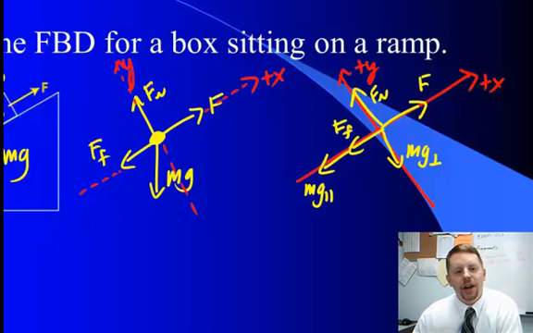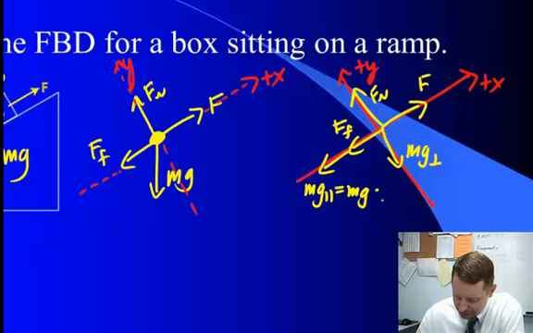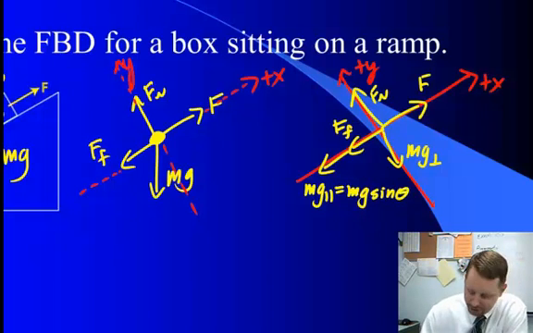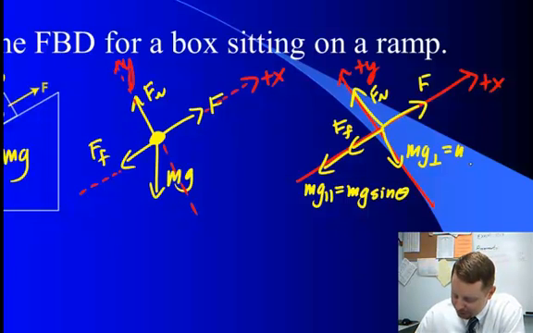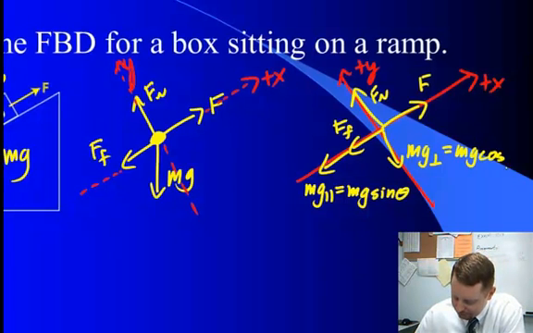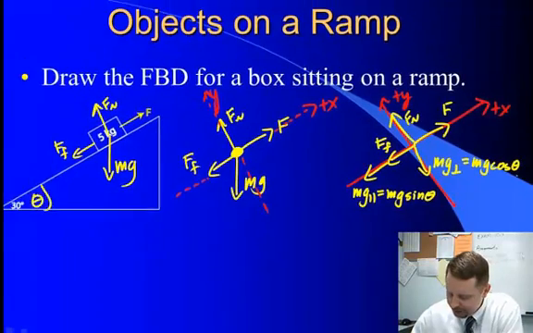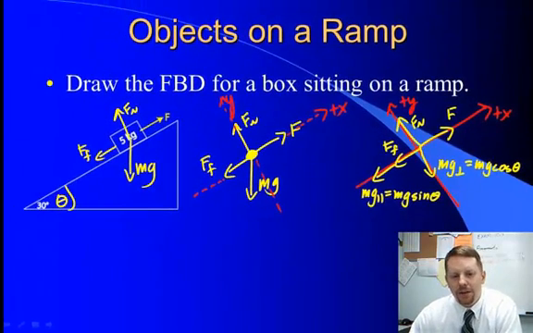And you can use geometry and trig to figure out exactly the formulas for these, or after a while you'll probably just remember that mg parallel is mg sine theta, where theta is our angle here, 30 degrees, and mg perpendicular is mg cos theta. So now you have all of your forces, or the components of those forces, lined up along an axis. And that's going to make your life easier when you get into applying Newton's second law, which we'll talk about shortly.